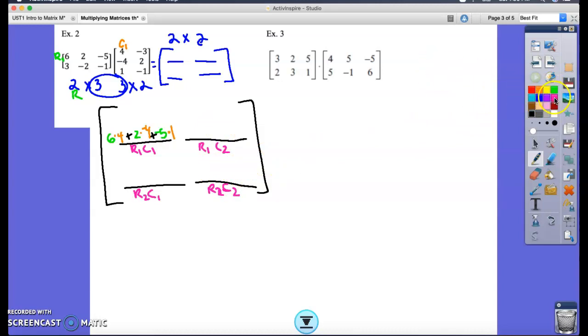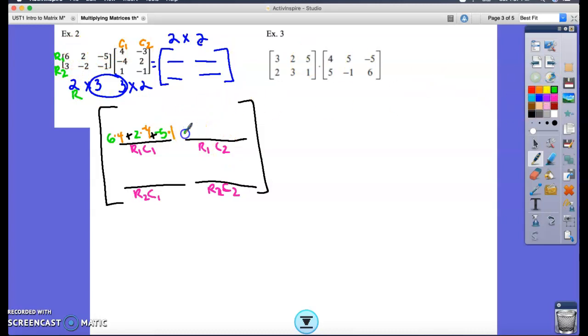So now, all this color coding, I hope it's not confusing. I don't want to be confusing. I'll stick with this color here. Row 2 numbers are there. Column 2 numbers are here. So here I want to use R1C2. R1 is 6, 2, -5.